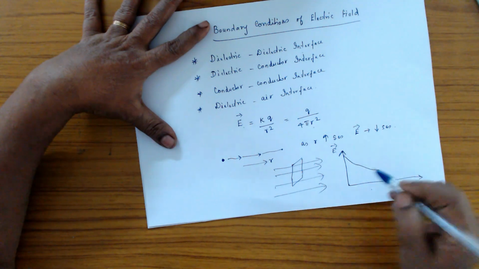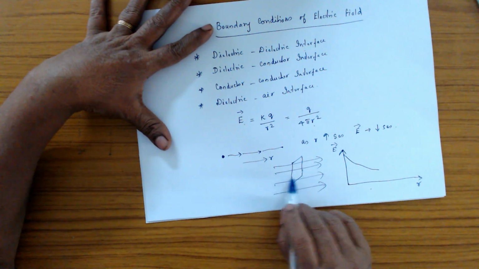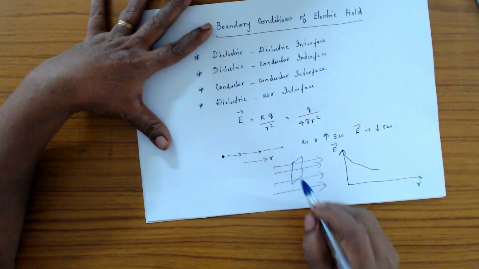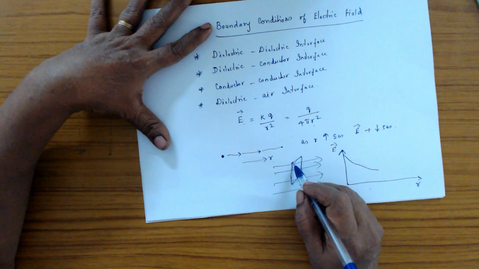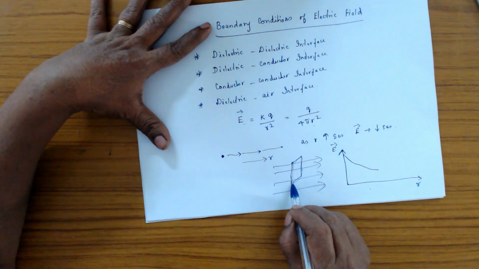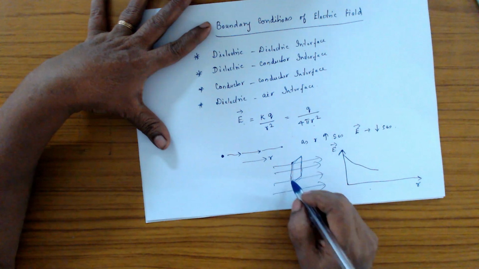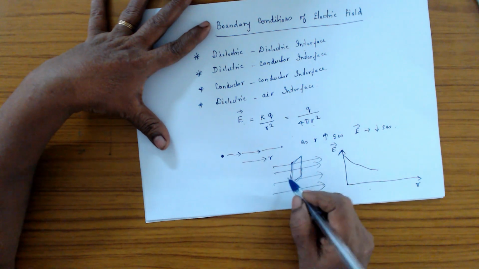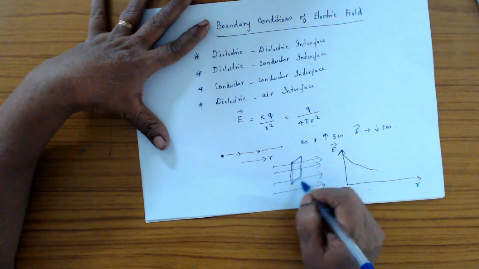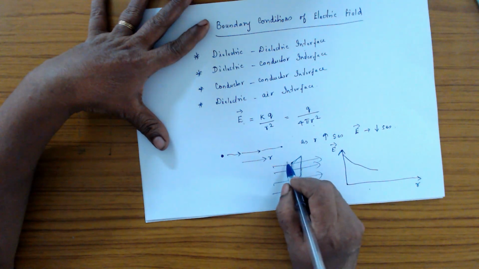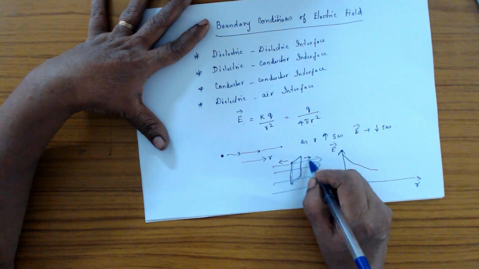What happens is, in between this field, I am keeping this surface, placing some material. Because of this, the electric field direction from this surface may be like this or this.